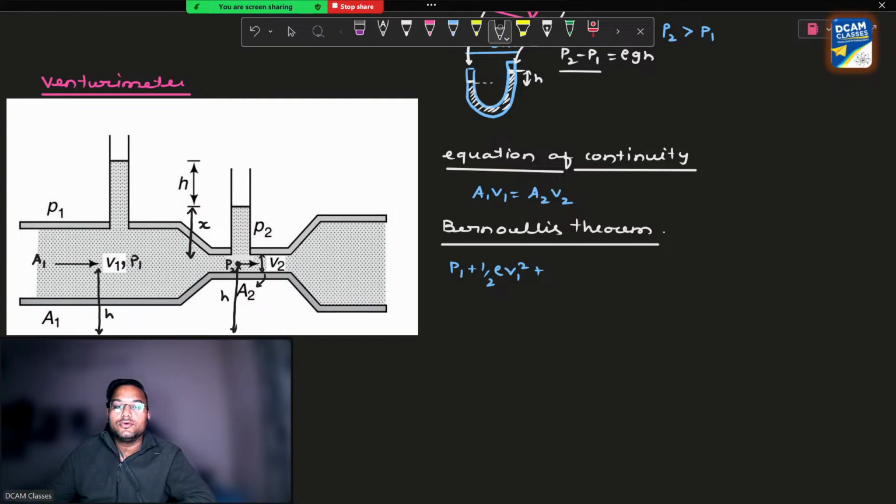If you want to write, you can write, but not necessary. Don't worry about these pressures, they will just confuse you.